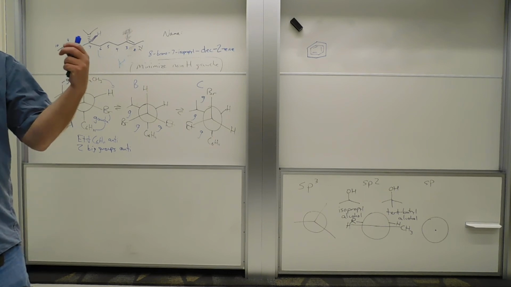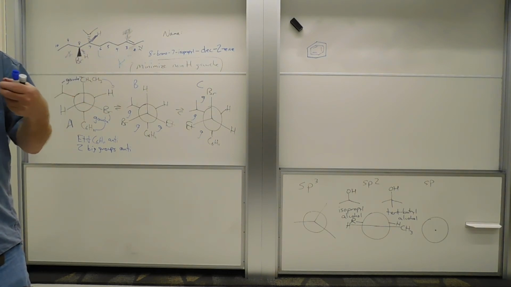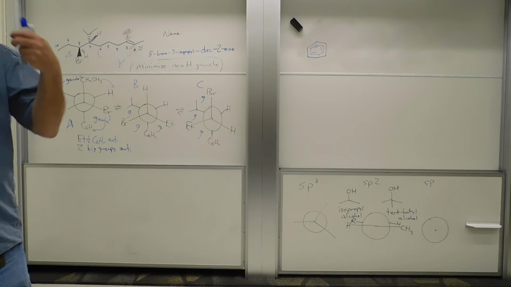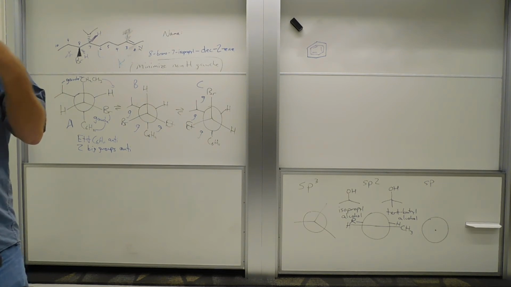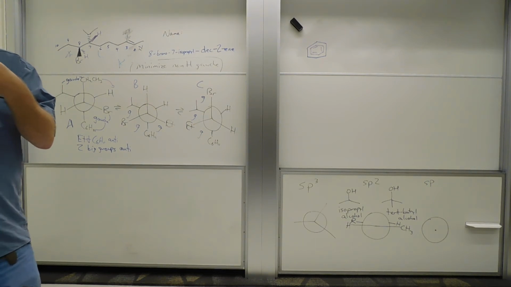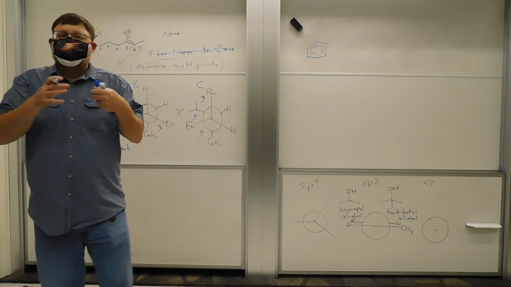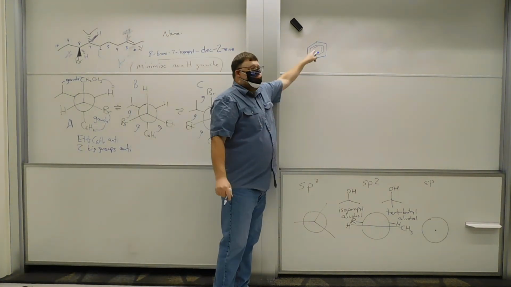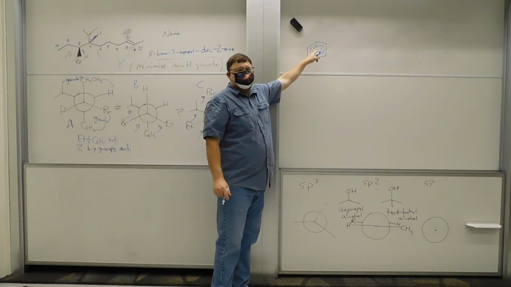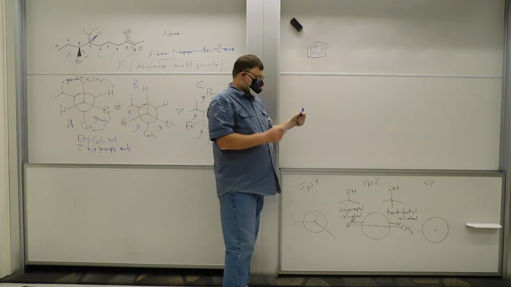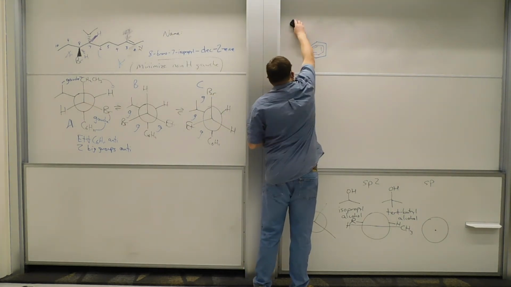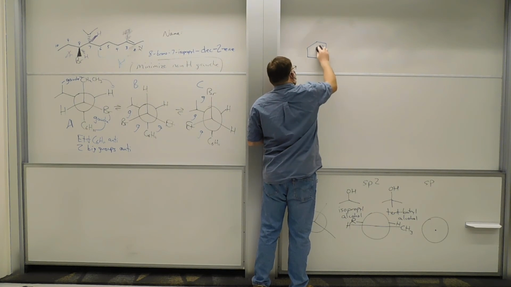The bond order between any 2 carbons is a bond and a half, so they're shorter bonds. Benzene's smaller. So benzene's flat, a little bit smaller. These are 2 different compounds. Benzene is a different molecule than cyclohexane. Okay. Cyclohexane is not flat.